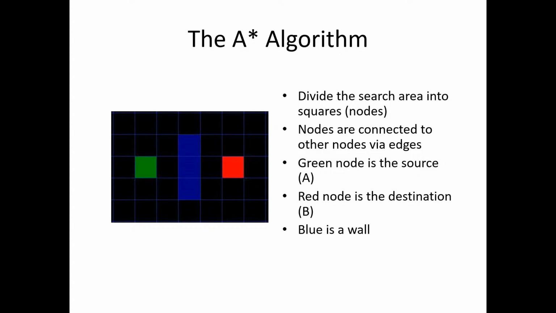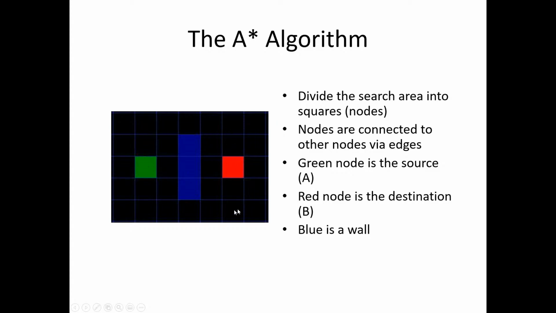Every node has eight adjacent nodes, and from the green node, for example, you can travel to any of the adjacent squares. The blue thing in the middle is a wall, and the red thing is the destination. I want the green guy to get to the red guy in the most efficient way.